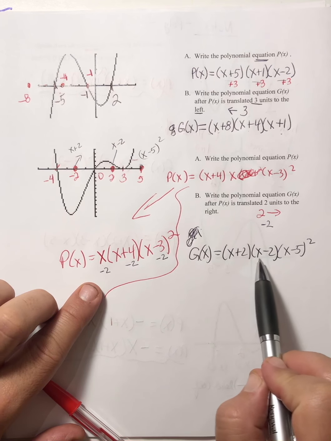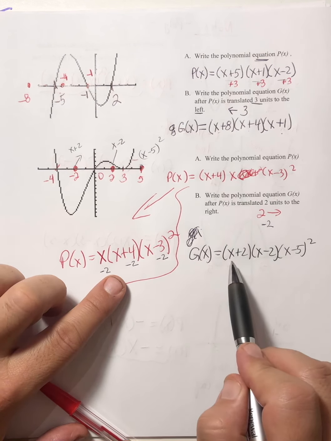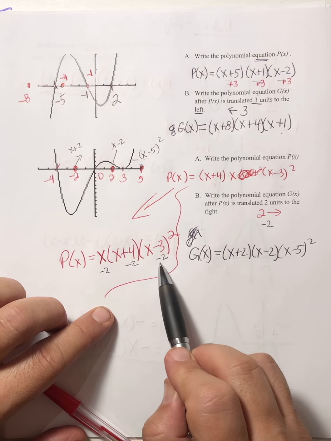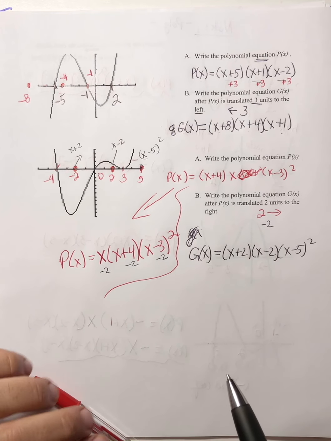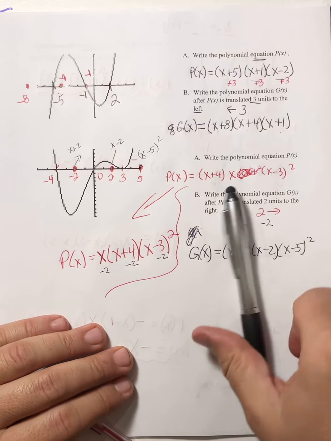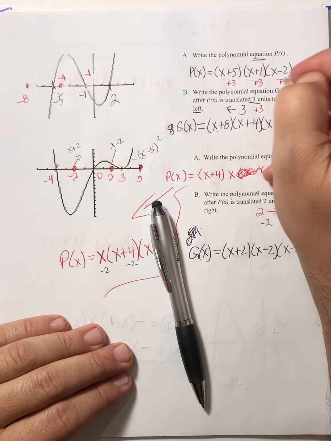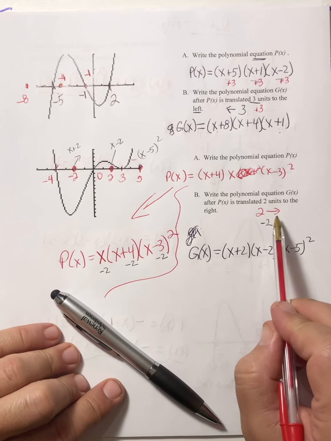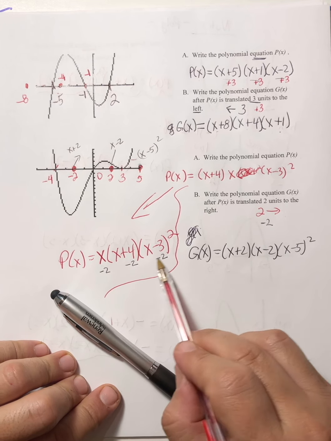Then x plus 4, then the minus 2, there it is right there, x plus 2. And then here's our x minus 3 with a negative 2 gives us x minus 5. So when we went 3 to the left, we actually added 3 to this equation up here. And when we went 2 to the right, we actually subtracted 2 in this equation.